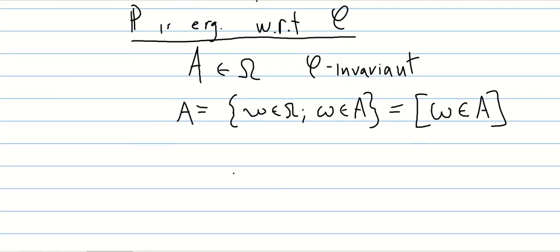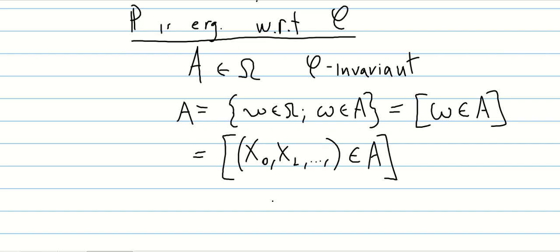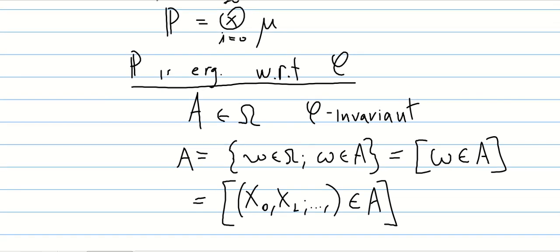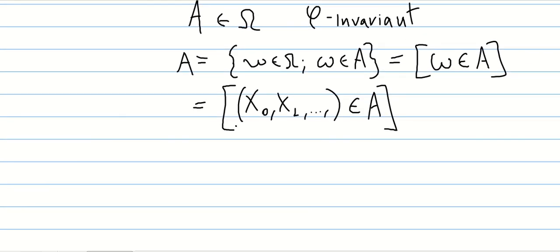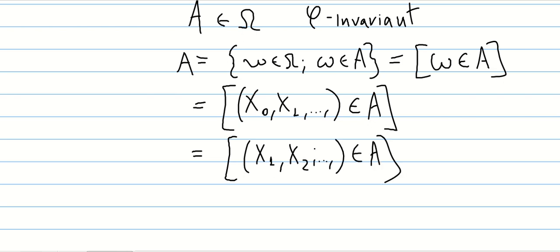This bracket. But what is omega? Little omega is a product, and it can be written in terms of the canonical coordinates: x0, x1, and so on belongs to A. Now remember that A is invariant with respect to the shift. So that means that this event is exactly equal to the event x1, x2, and so on belongs to A. It didn't change the event.